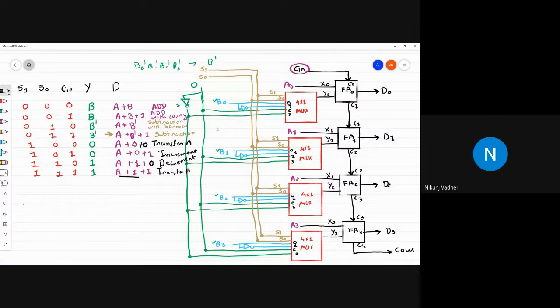Let's have an example of increment, this case. A plus 0 plus 1. The current value of A is, let's say, 1010.